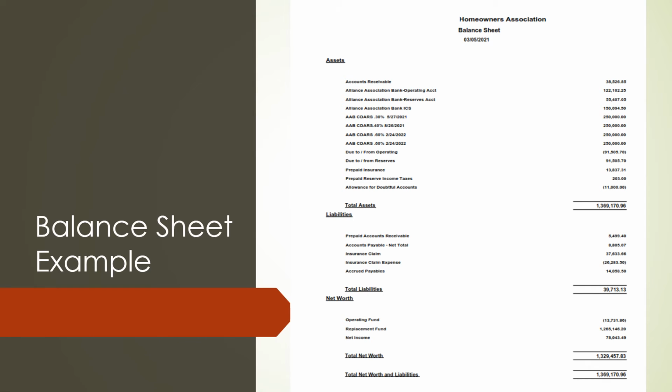HOA balance sheets, whether prepared monthly, quarterly, or annually, are a good representation of the daily operation of your community association. Negative equity on an annual sheet does not only mean that an HOA has lost money over the year, but it also means that day-to-day operations are flawed and need to be reconsidered.